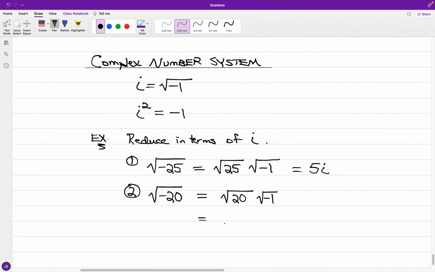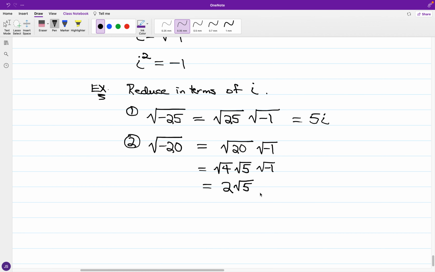Now 20 is not a perfect square number, and the highest perfect square divisible into it is 4. The square root of 4 is 2, and 5 is not a perfect square, the highest perfect square divisible into it is only 1, so the square root of 5 remains.